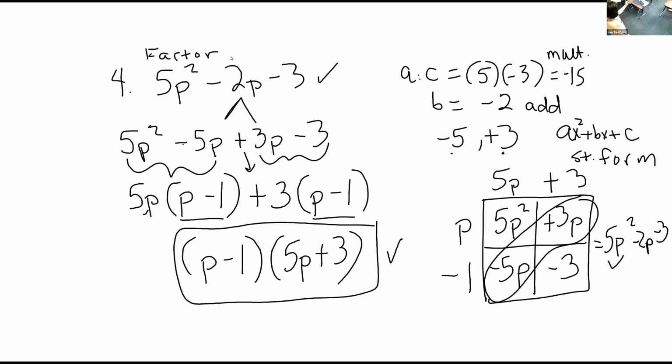If you see the shortcut for when the A is 1, use it, all right? If you have trouble trying to just open up parentheses and play with numbers and see if you can come up with the right pair, this is a system that will work every time when you're trying to factor something that the A is not 1, because those are a little harder to figure out how to get done.